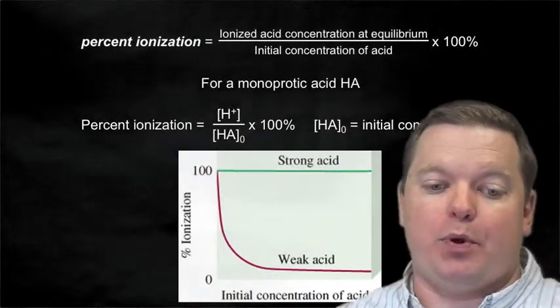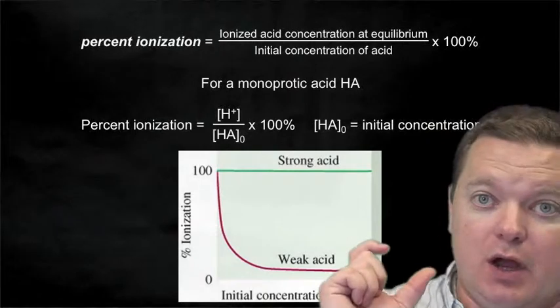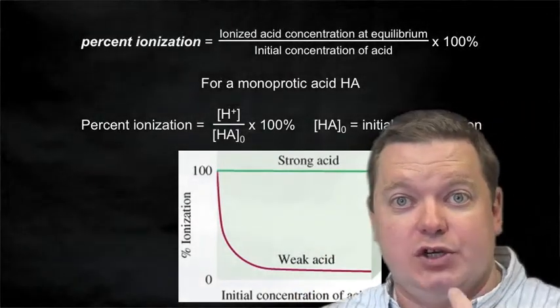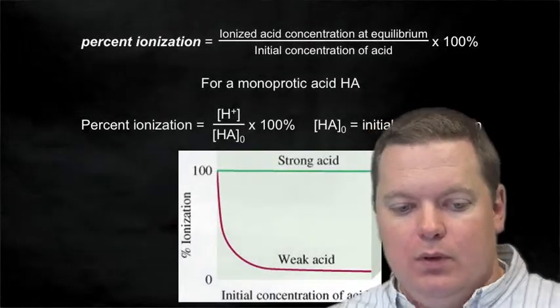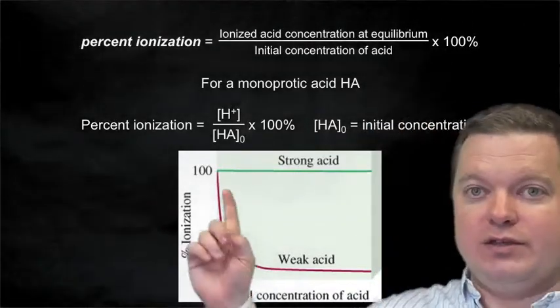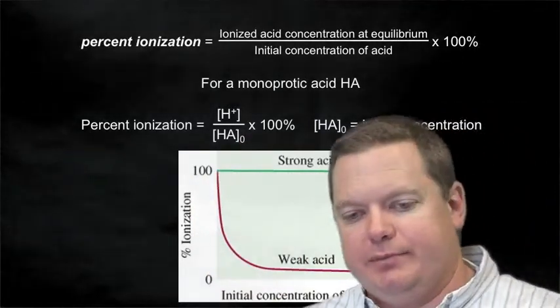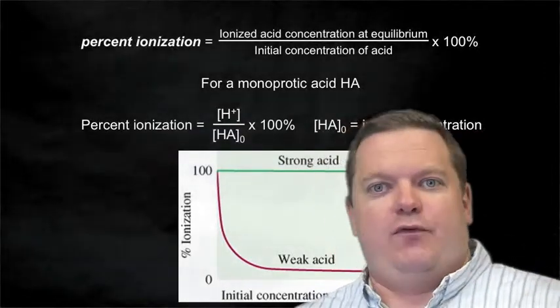So for a monoprotic acid, HA, the percent ionization is going to be the concentration of H plus divided by the initial or total concentration of HA times 100. So as the strength of our acid increases, we're going to get this relationship here. So HA is pretty simple, straightforward.